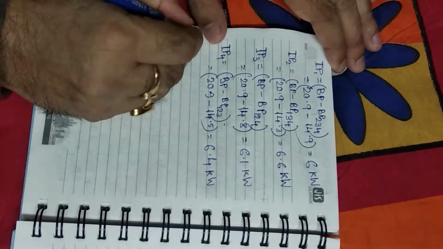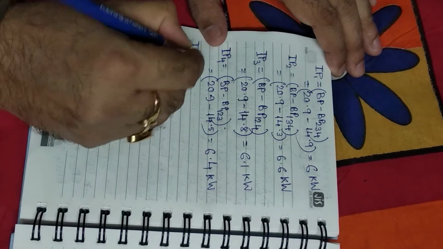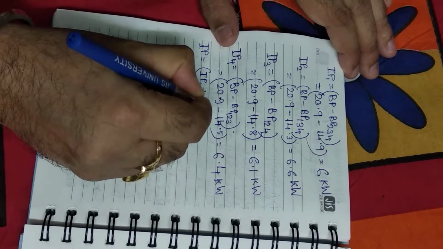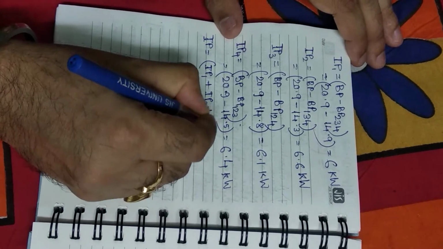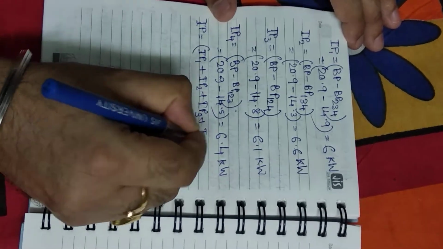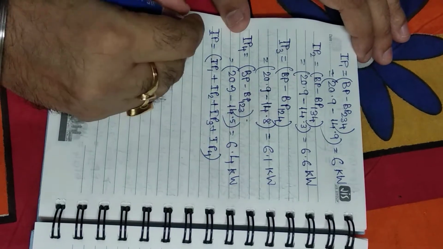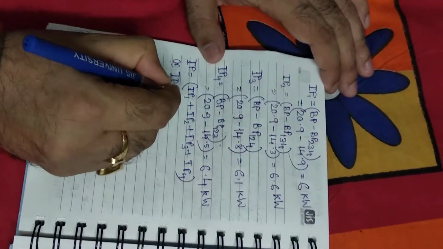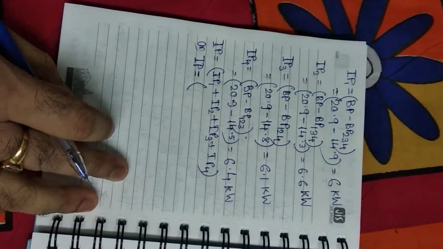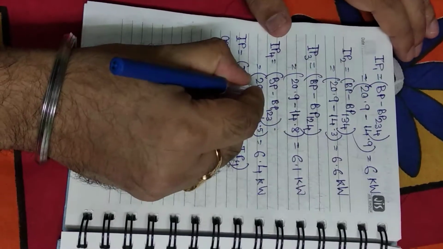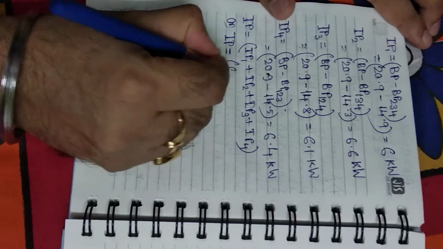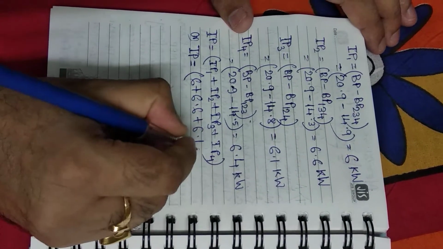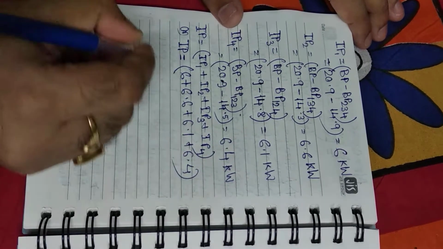So now IP, the total indicated power of the engine, will be IP1 plus IP2 plus IP3 plus IP4. So IP equals 6 plus 6.6 plus 6.1 plus 6.4.